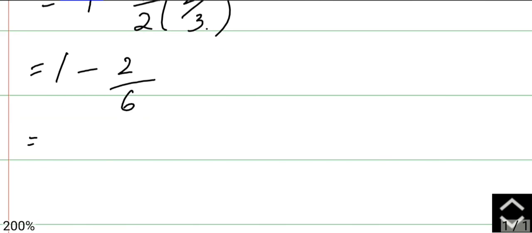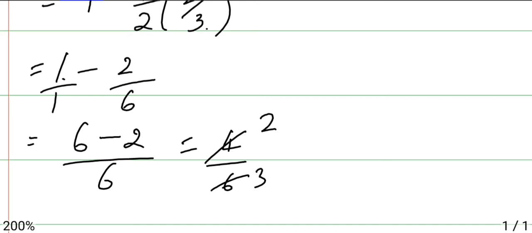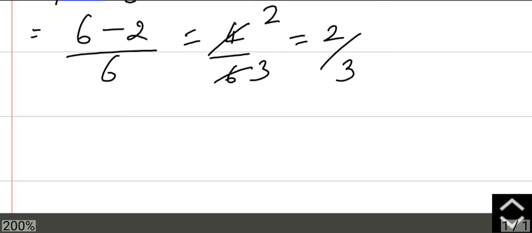Take LCM again, you get 6 minus 2 divided by 6, that will be 4 by 6. That is again 2 twos are 2 threes are. The answer is 2 by 3. So 2 by 3 is the probability.